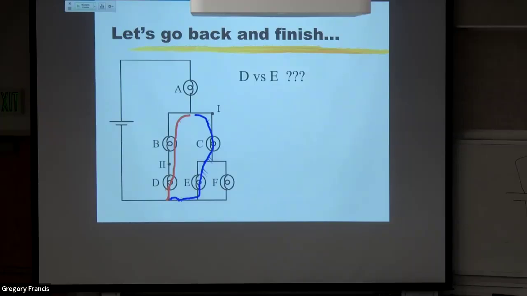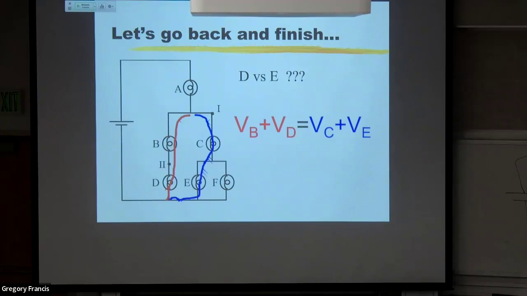Remember, I'm trying to compare D and E. Now, I know that the voltage drops along those two paths, the red one and the blue one, have to be the same. So I can say the voltage drop across B plus the voltage drop across D, that's this red path, has to equal the voltage drop across C plus the voltage drop across E.